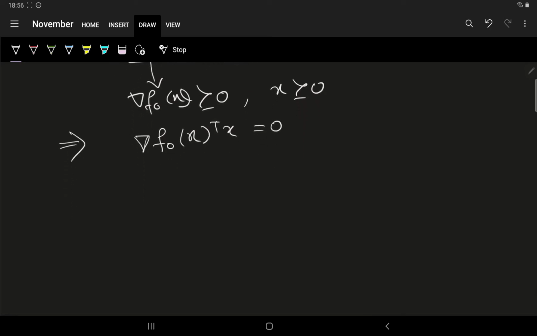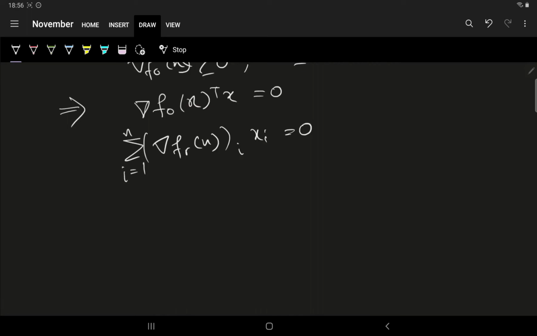And we can expand this as a summation of i equals 1 to n, which means that the sum of all these non-negative numbers must be equal to 0.